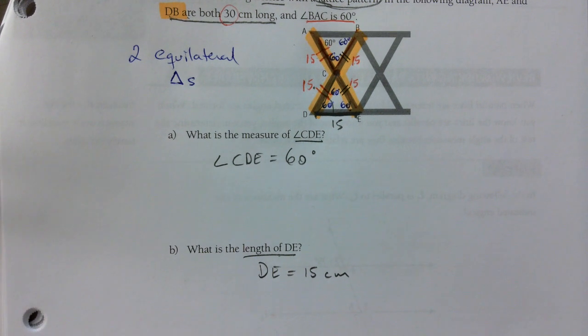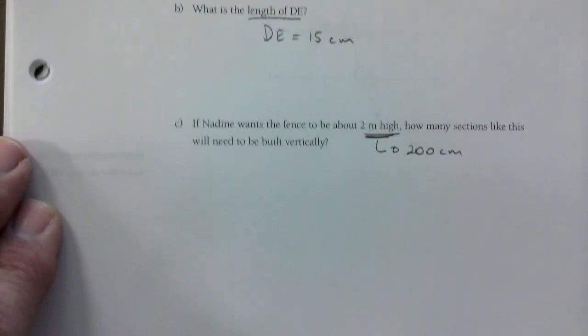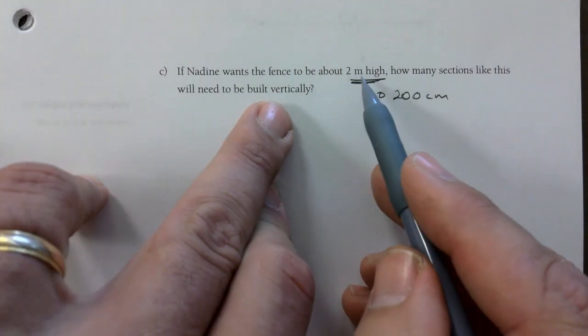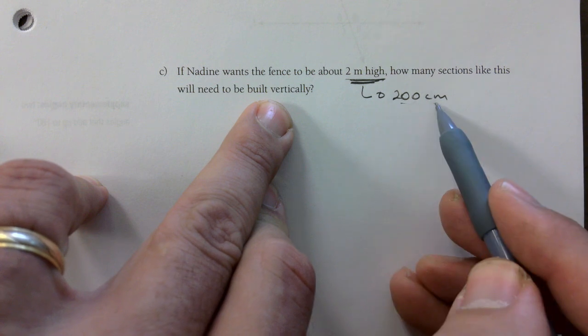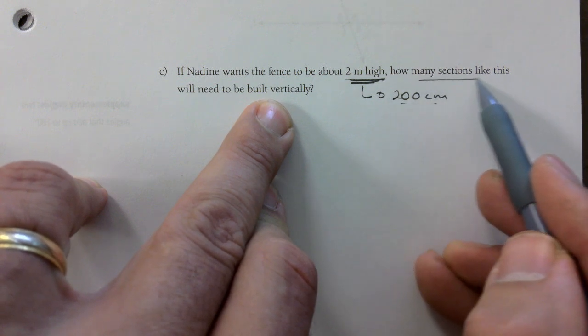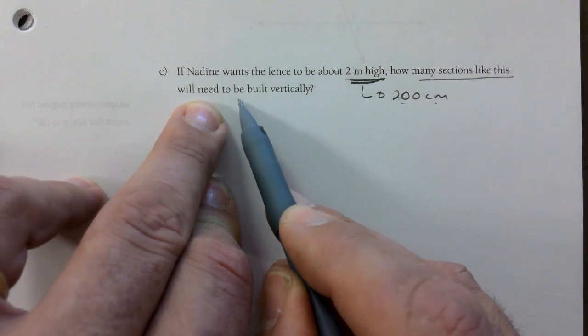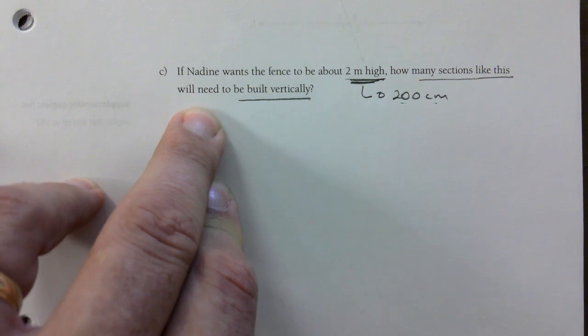And now the trickiest part of all, maybe. If Nadine has a fence about 2 meters high, that's 200 centimeters, right? Because one meter has... oh, you can't see that. Sorry. If Nadine has a 2 meter high fence that's 200 centimeters, how many sections will she need to build vertically?